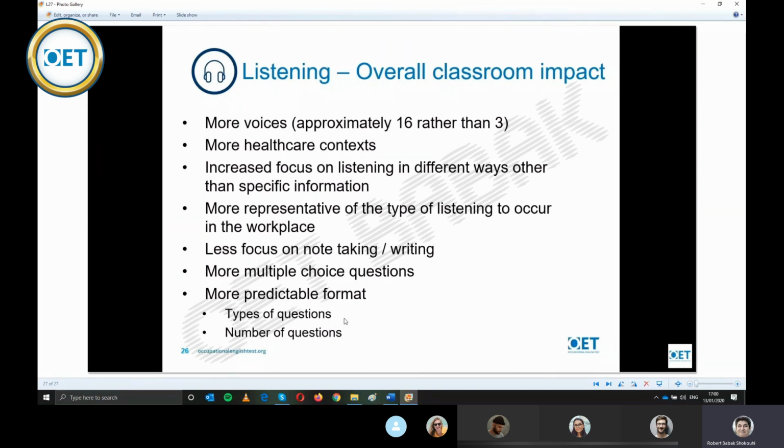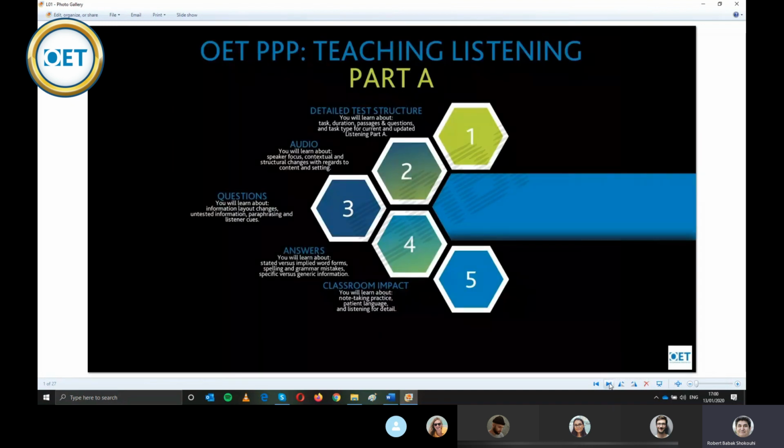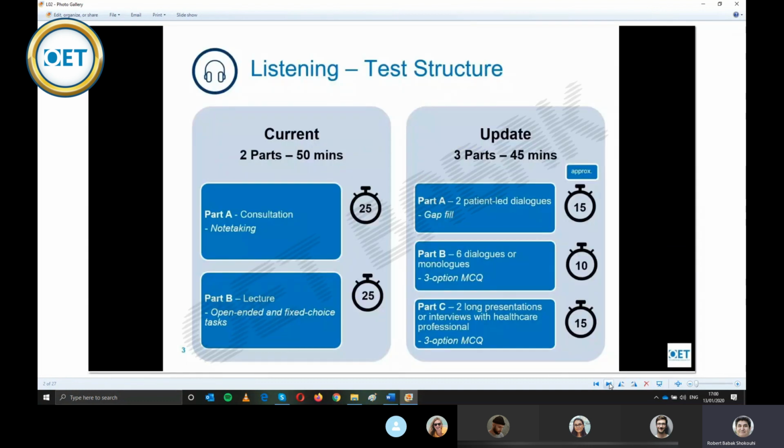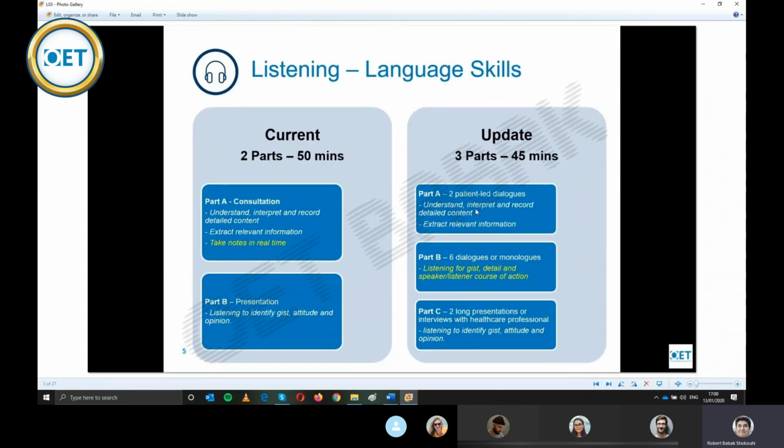So basically, there is a specific number of questions for each part. This means that you will have 24 questions here, 6 here, and 12 here. And that would be exactly the case.